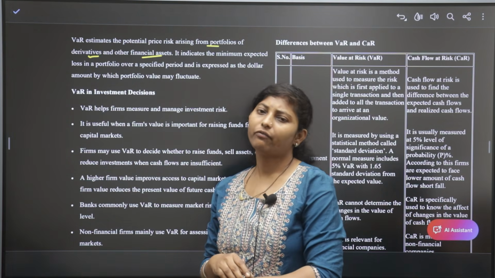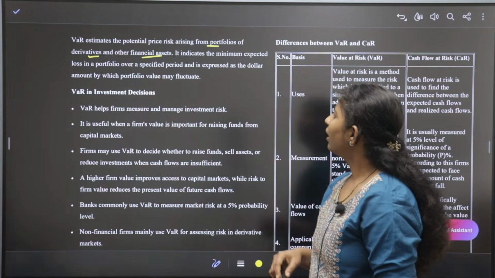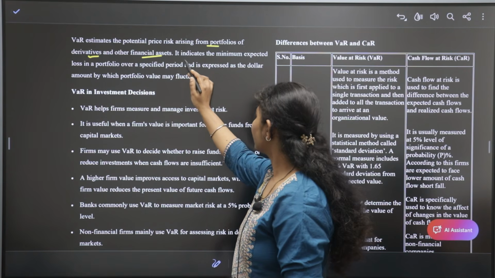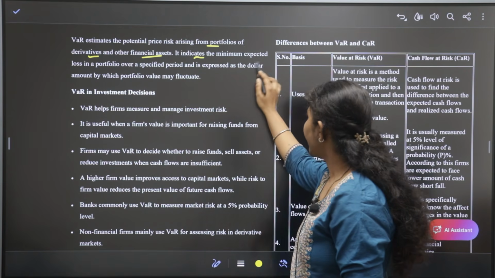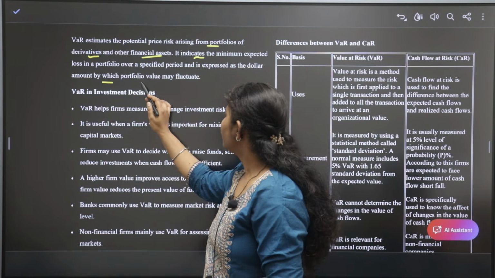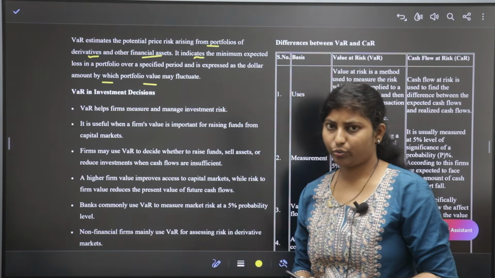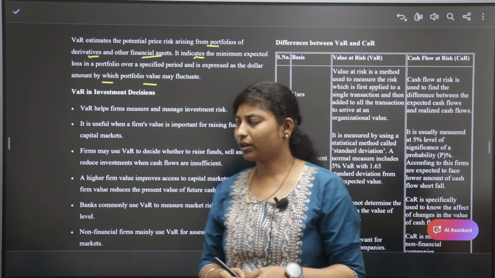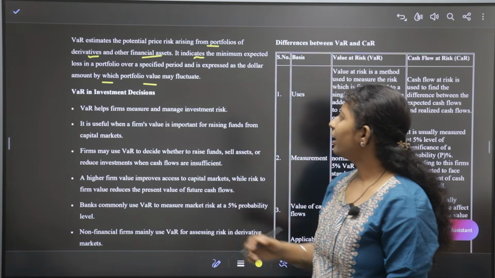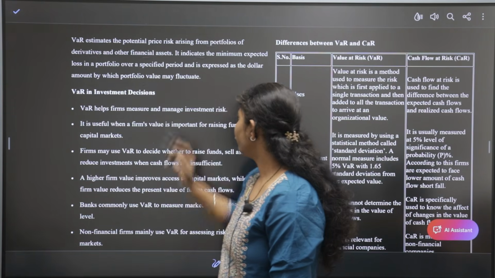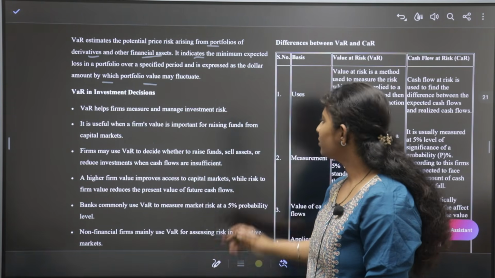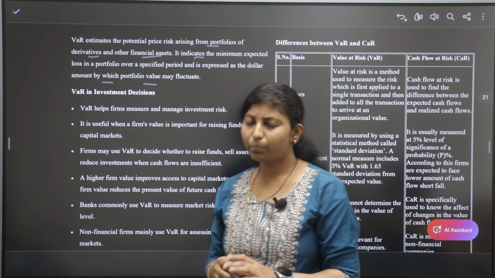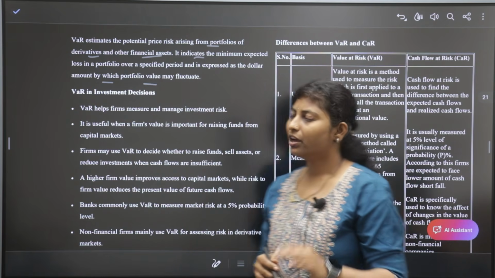Derivatives are nothing but instruments whose value derives from assets. It indicates the minimum expected amount by which the portfolio value may fluctuate. So it will tell you how much risk you are going to face in the portfolio value, how much fluctuation in your portfolio, that is told by VAR.